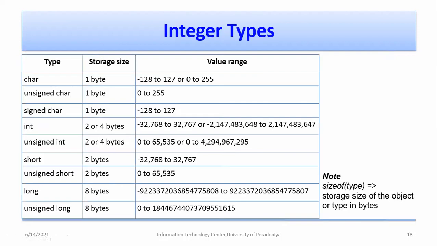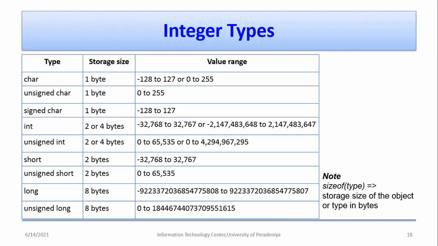Okay, as I said earlier, if it is integer, these are the set of values that we can use: minus 32,768 to plus 32,767. Within this range, we can store any value using the integer data type.